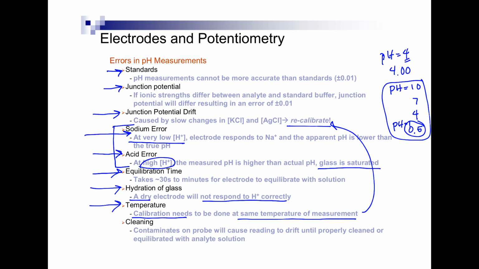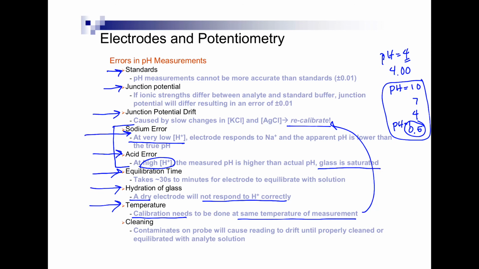We want to calibrate basically right before a measurement. So like I said before, we don't usually calibrate on a Tuesday and then measure on a Thursday. We calibrate on a Tuesday and we measure on a Tuesday, as close together as possible, so that we can ensure that the solutions have the same temperature and there aren't weird pressure changes or anything like that that can happen over a multi-day span.